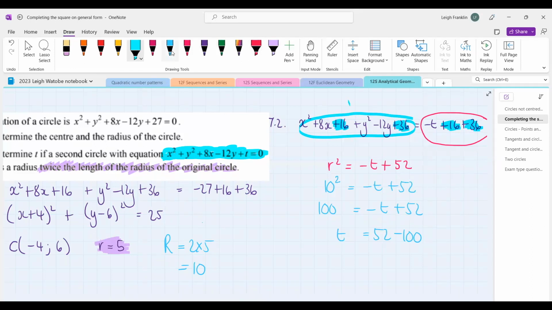So we're nearly there. We can now work out the value of t, and I think we get negative 48 as our answer. Any questions? Does that make sense? How do you feel? Darren's got a hand.